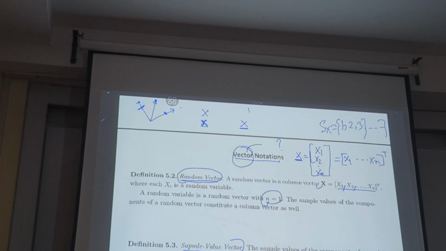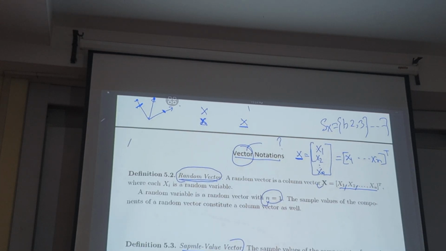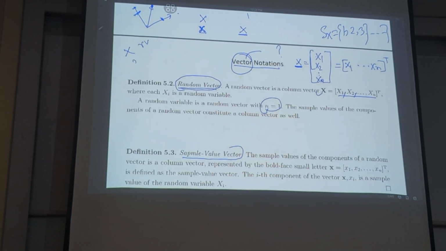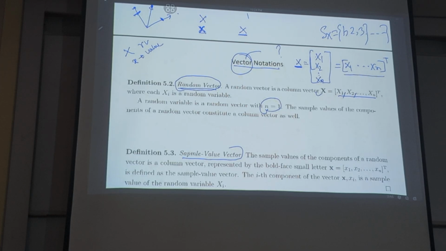So far, whenever we have the probability models, we have two things. One is what? X, representing a random variable, and a small x representing a value, right? A sample value of the random vector. So whenever we have a random vector, we will have a sample value vector.